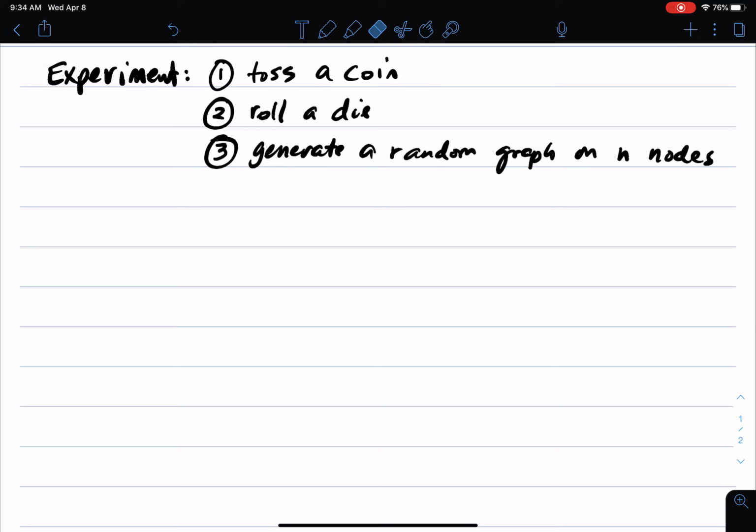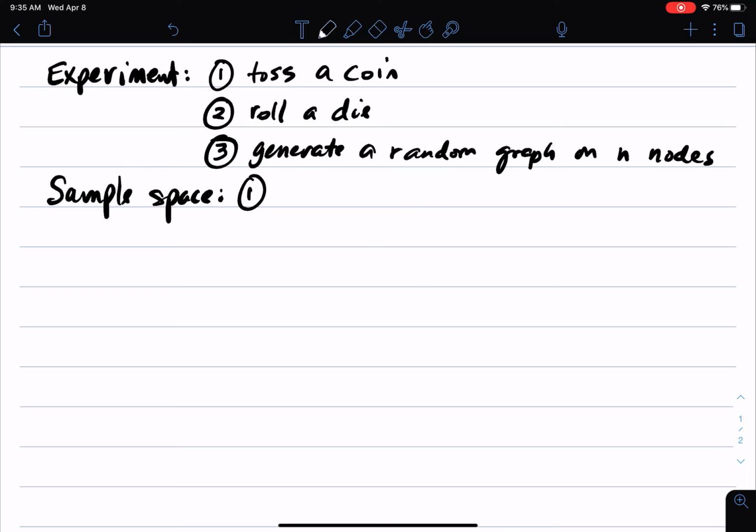When we talk about the experiment, the next thing we talk about is the sample space. The sample space is the set of all possible outcomes of an experiment. So let's look at these 3 experiments we put here.